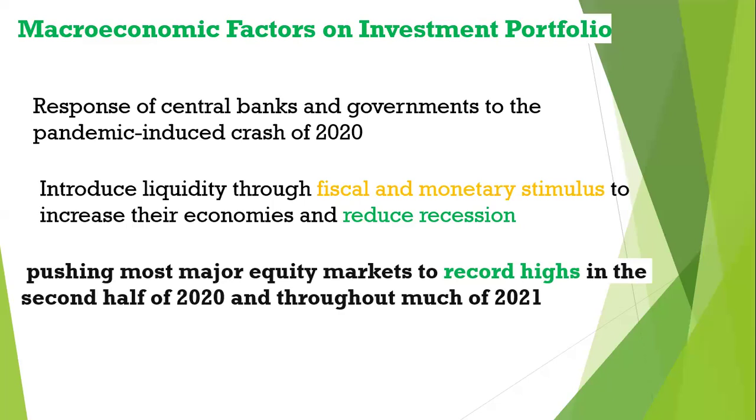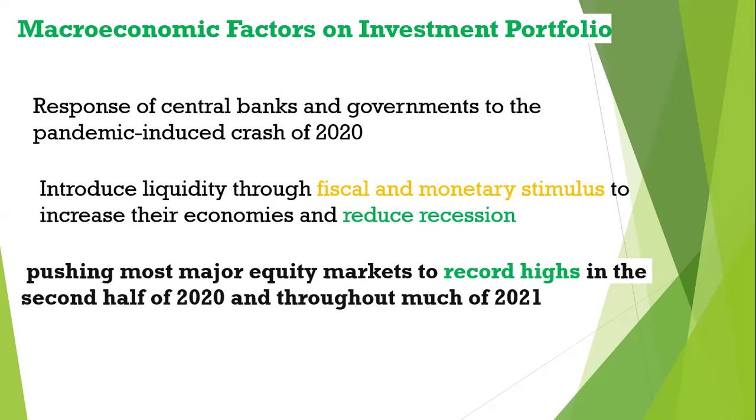Most of the good companies ended up being devalued, and what the government had to do was to add liquidity to the market by printing more money. The fiscal and monetary stimulus increased the economies and reduced recession, pushing those major equity markets to record highs in the second half of 2020 and throughout March of 2021.